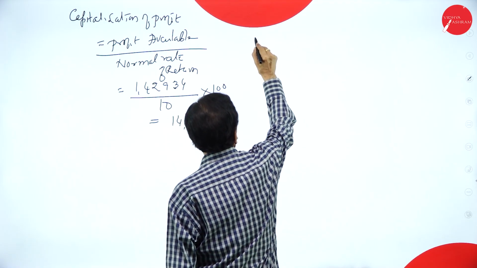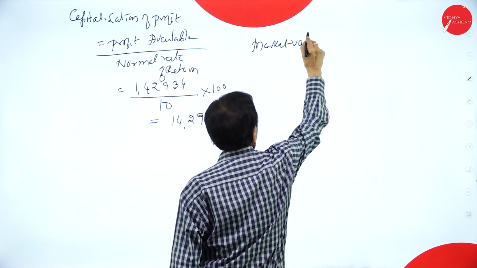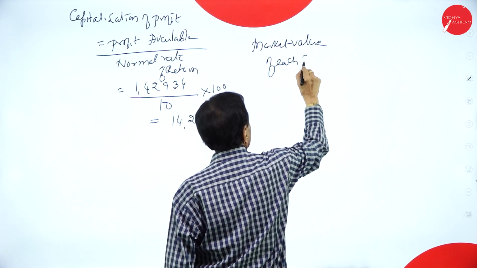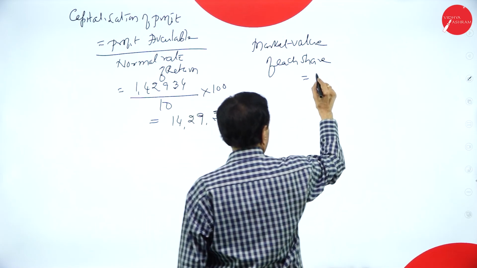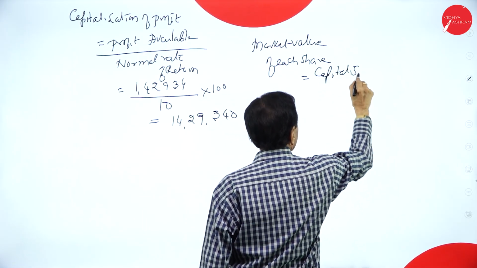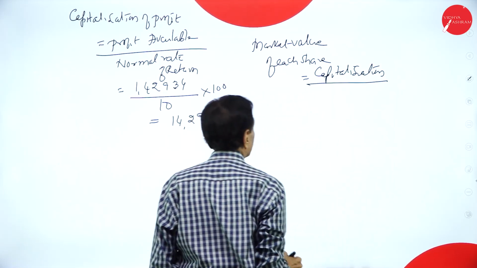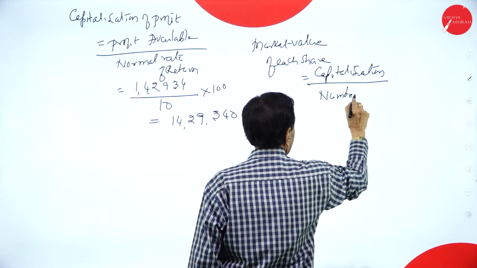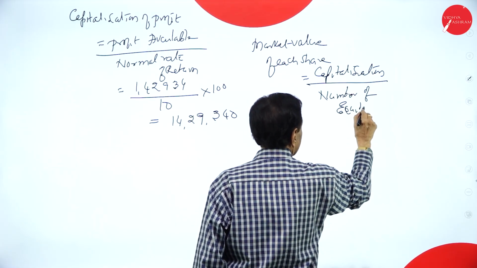Market value of each share. Capitalization of profit divided by number of equity shares.